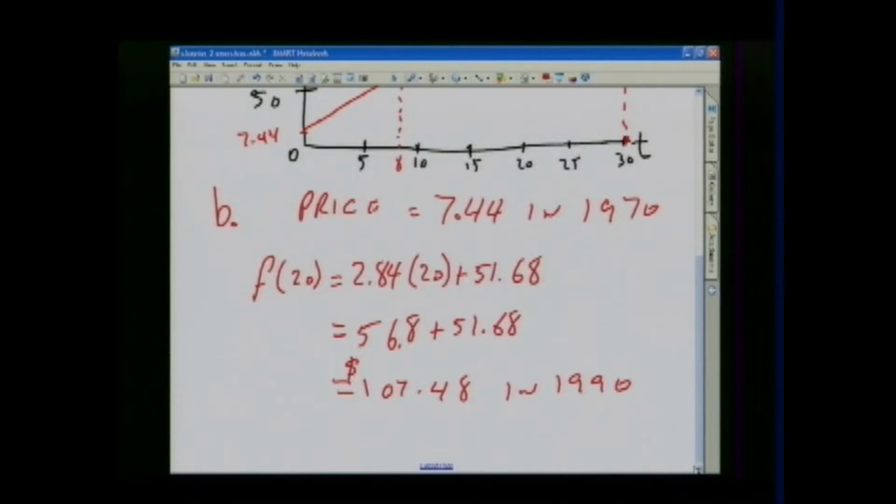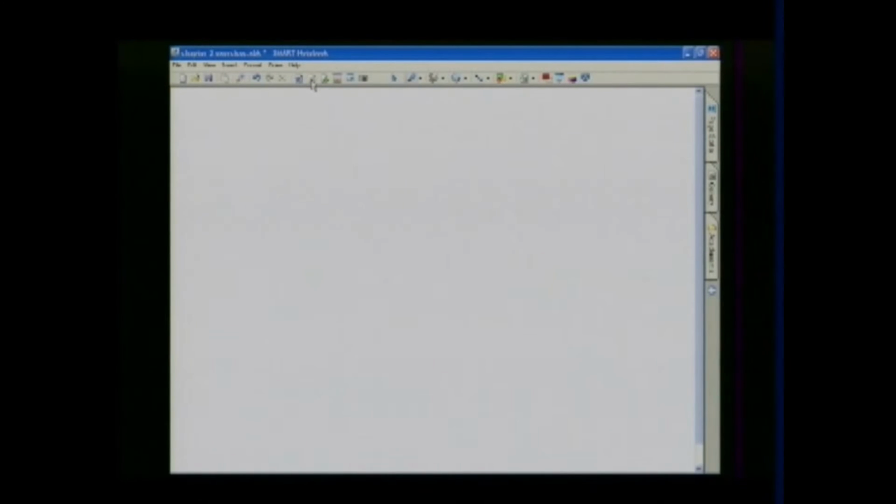Another problem I want to do from this section, 2.7, is problem number 16. Problem number 16, chip sales. It says, the worldwide flash memory chip sales in billions of dollars is projected to be S of t equal to 4.3 times (t plus 2) to the 0.94 power for t between 0 and 6, where t is measured in years with t equal to 0 corresponding to 2002.